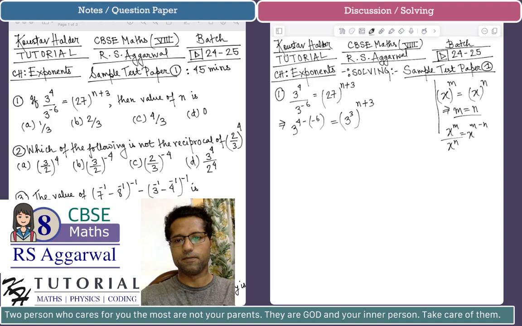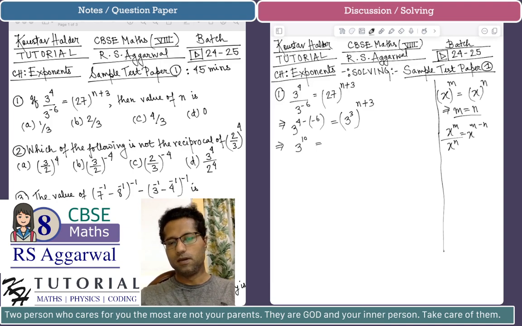Now the left hand side becomes 3 to the power 4 plus 6, that is 10, equals, now again I will apply the formula that 3 cube whole raised to the power n plus 3 is nothing but 3 raised to the power 3 multiplied by n plus 3.